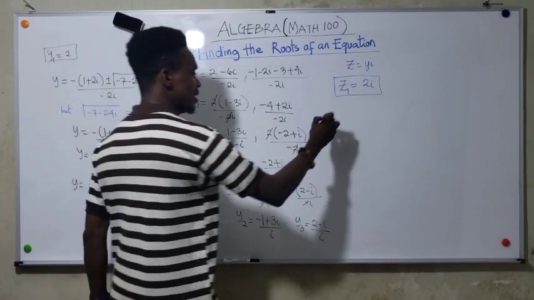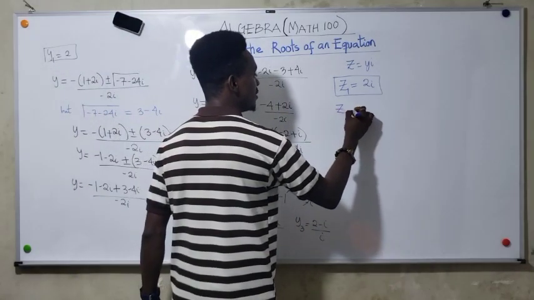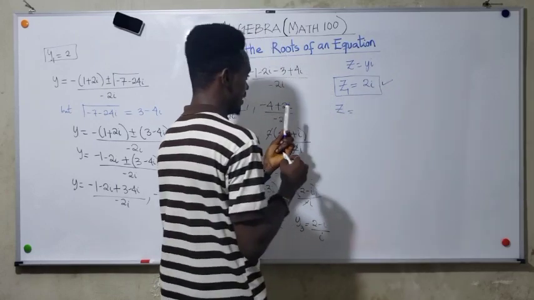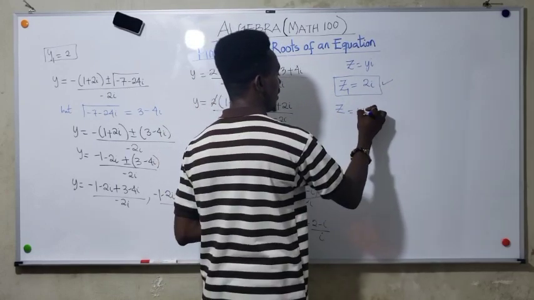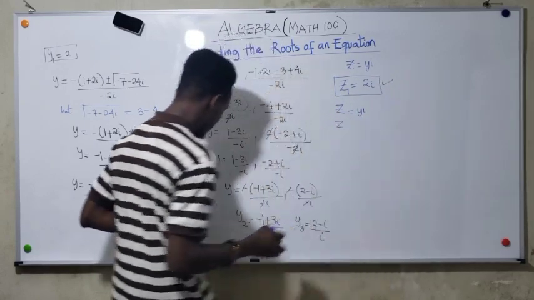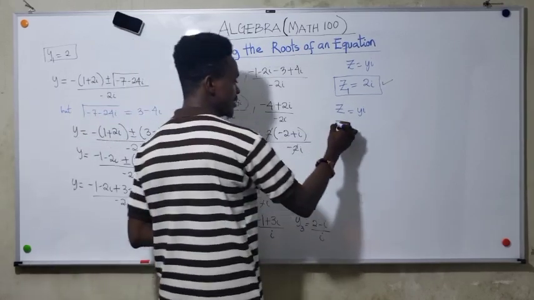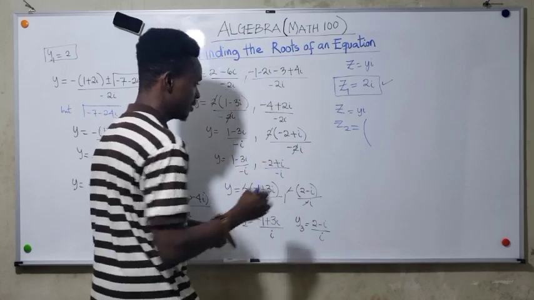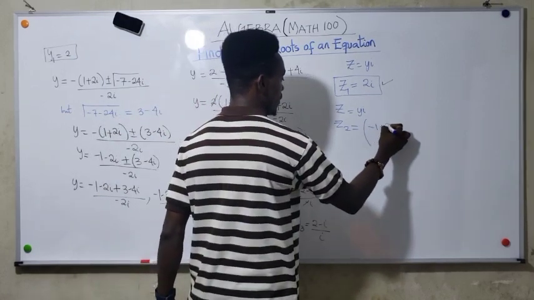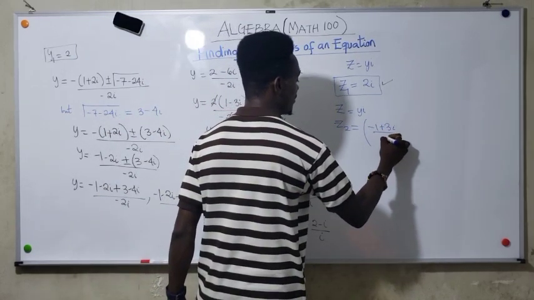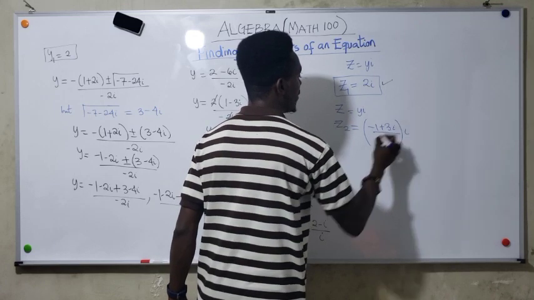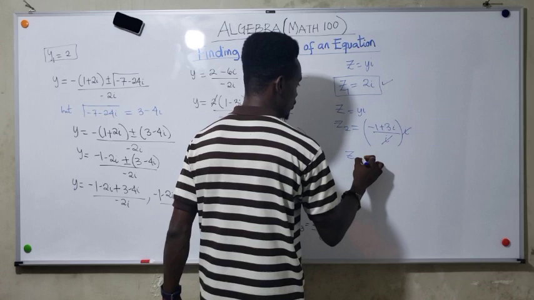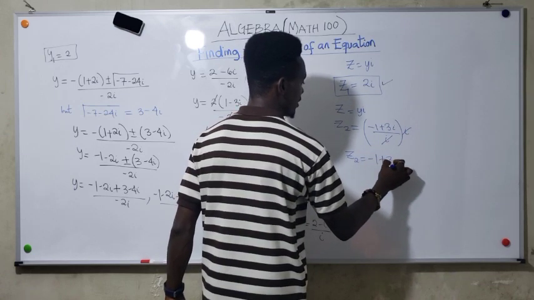So my second root is there again. And there again we have y. So if we're going for z, if we're going y2, we have to say z2 is equal to y, which is minus 1 plus 3i, all divided by i, multiplied by i. So i cancels i, which means that z2 is equal to minus 1 plus 3i.